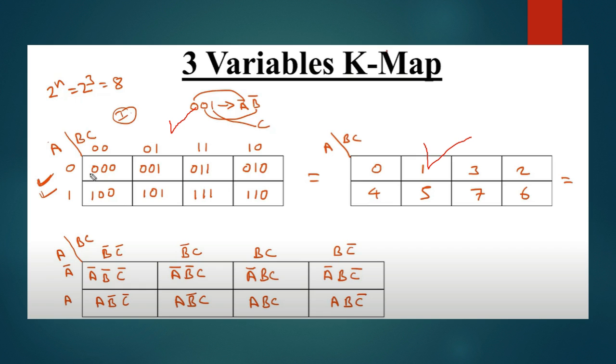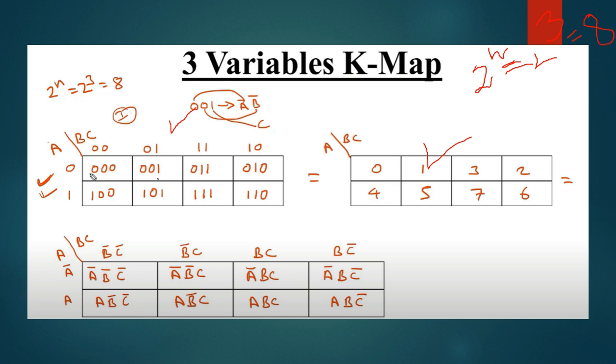And as I'm telling you that it is a 3 variable Karnaugh map, how many cells will we be having in this case? 2 to the power n, where n stands for the number of variables. As we have 3 variables here, the number of cells we will be having is 8.